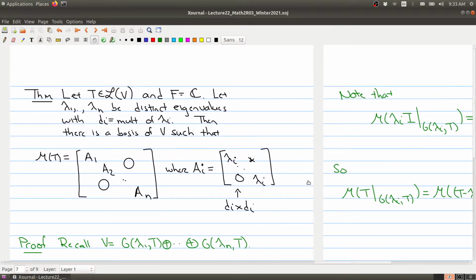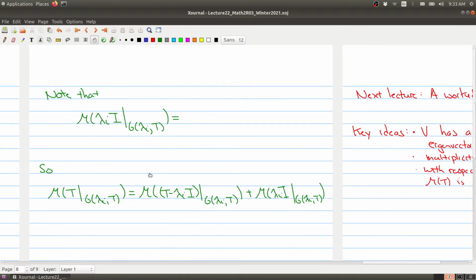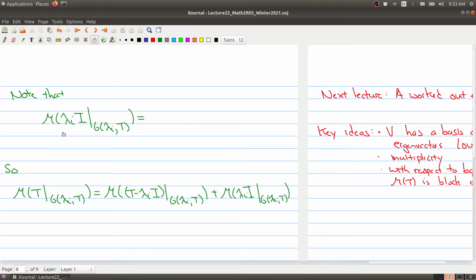Now the other thing we want to note is that the matrix associated to the operator lambda_i times the identity operator on the subspace will have the form lambda_i, lambda_i, lambda_i down the diagonal, with zeros elsewhere, with respect to the same basis.